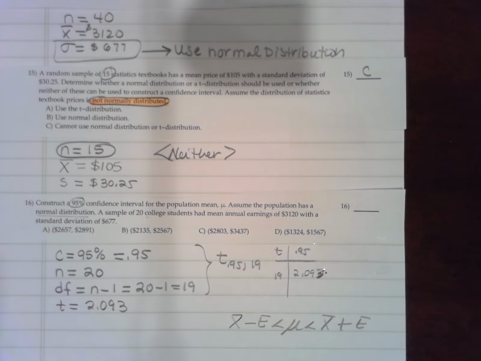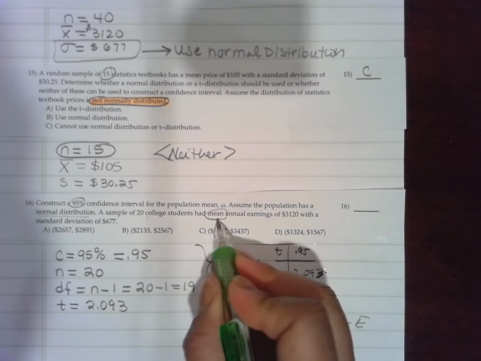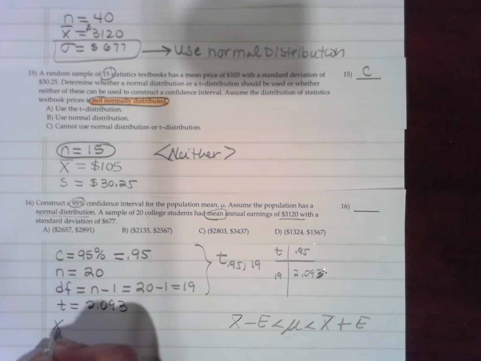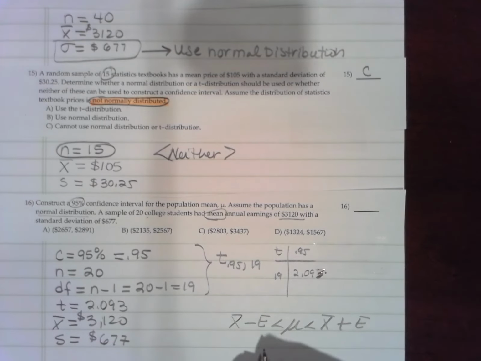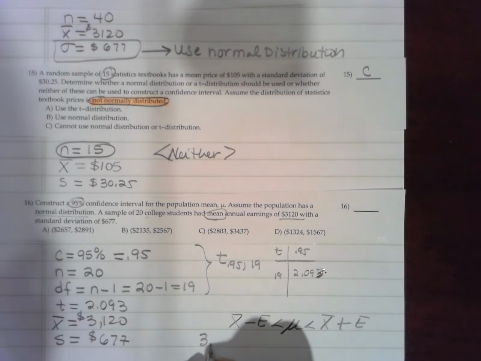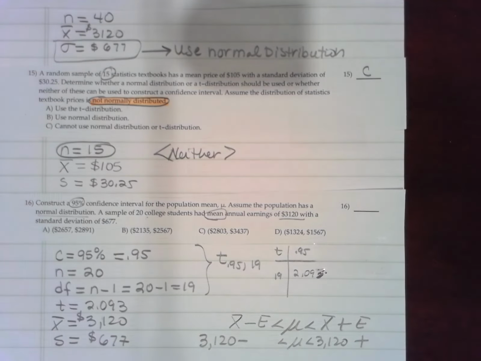The sample mean for the 20 students, the mean annual earning, so x bar is $3,120, and the standard deviation for that sample is 677. We have the sample mean, so I can set it up, and all I have to do is insert the margin of error E.